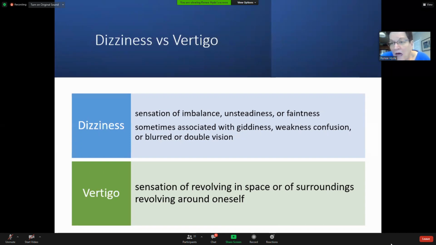They don't have enough blood going up into their head. Now, vertigo is different. It's a sensation of revolving in space or surroundings that revolve around you. You whirl, so to speak. You feel like you're going to fall off the edge of the earth.